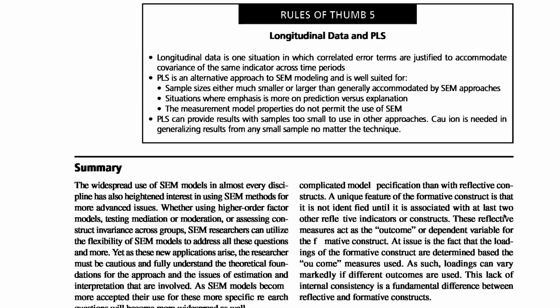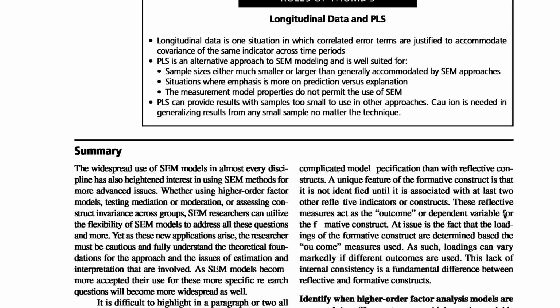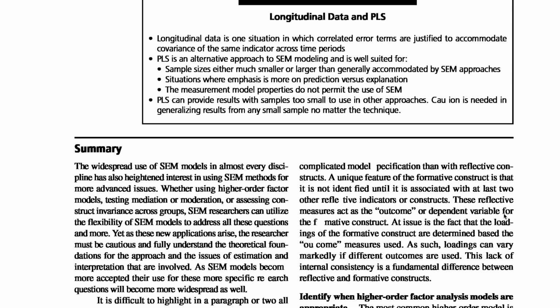Let's talk about Rule 5, longitudinal data and PLS. Longitudinal data is one situation in which correlated items are justified to accommodate covariance of the same indicator across time periods. PLS is an alternative approach to structural equation modeling and is well suited for sample sizes either much smaller or larger than generally accommodated by structural equation modeling approaches.